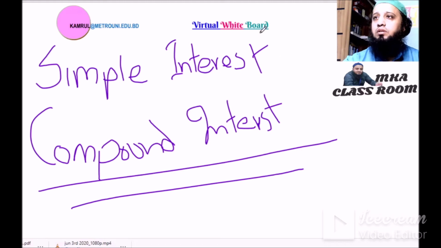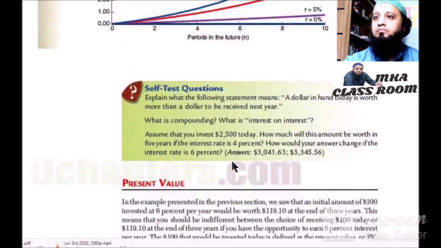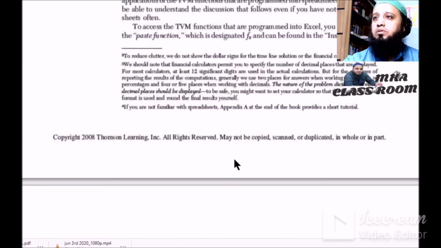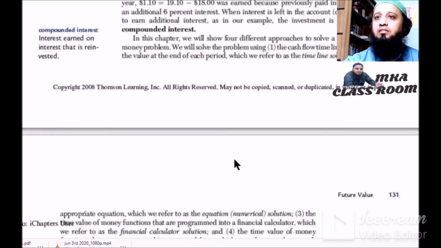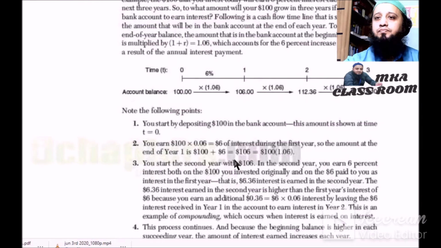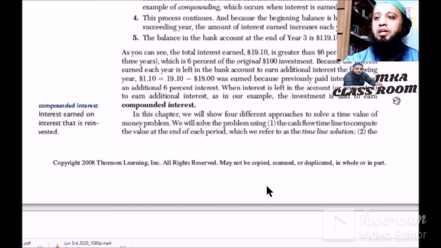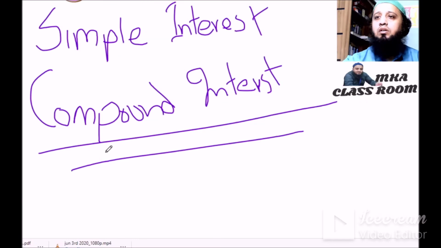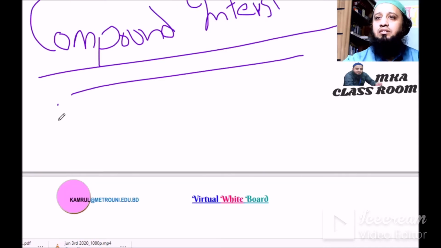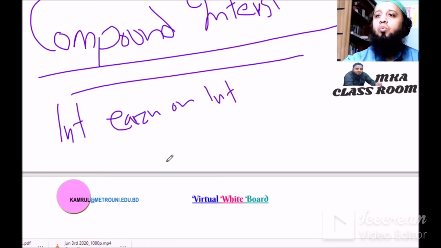From our topic we have seen that the compound interest rate is actually interest on interest. What does it mean? Interest on interest.